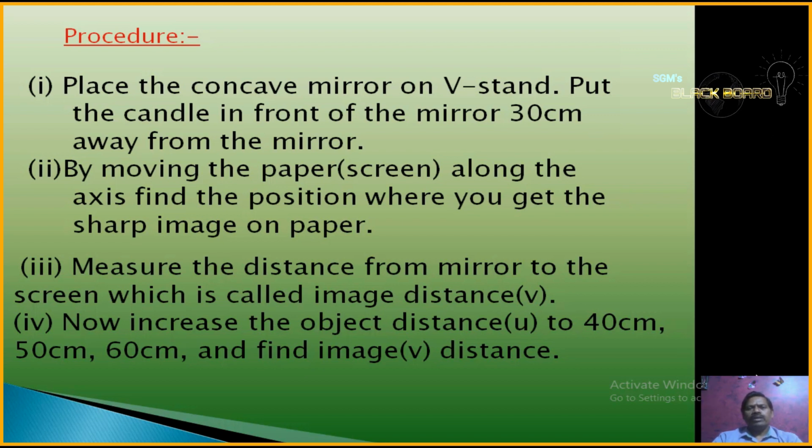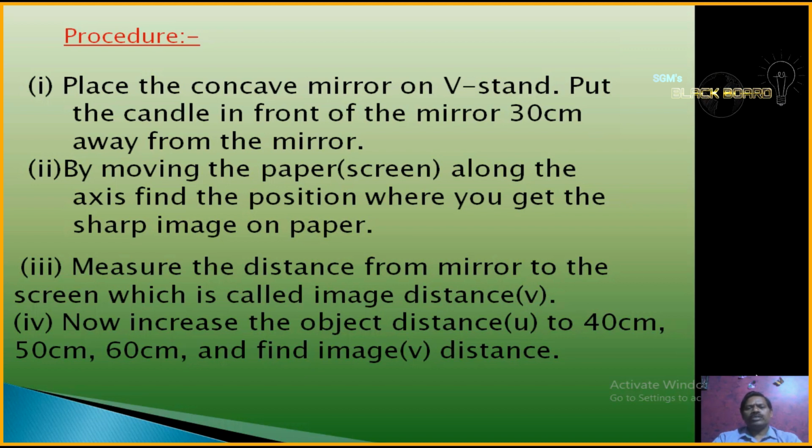In the rough focal length, when the object was far away from the mirror, we got the focal length as 22 centimeters. That's why we started from 30 or 35 centimeters. Here we kept 35 centimeters, 44 centimeters like that, and you have to keep different object distances to get the image.